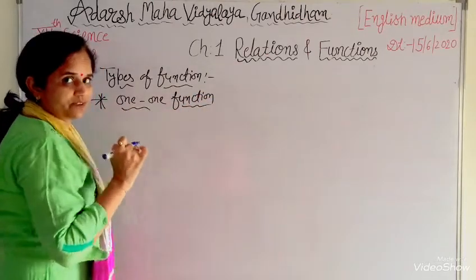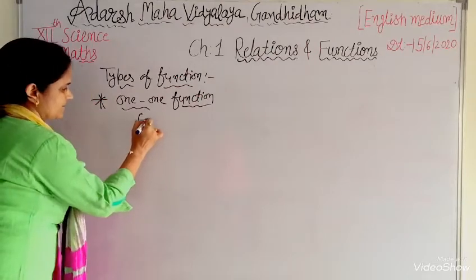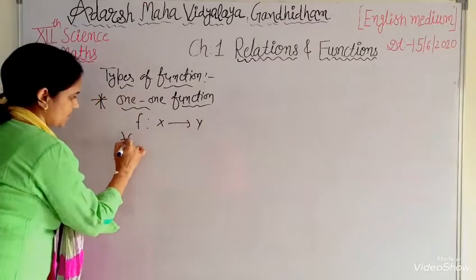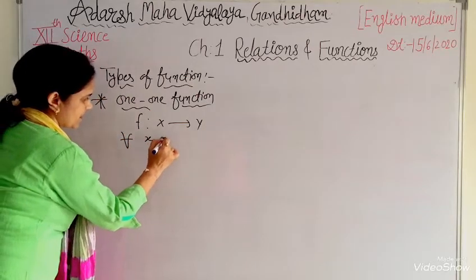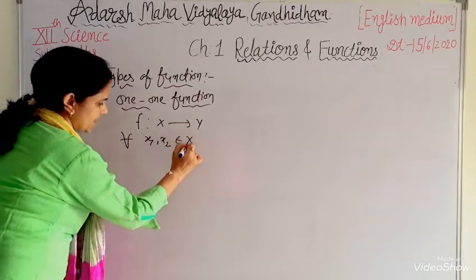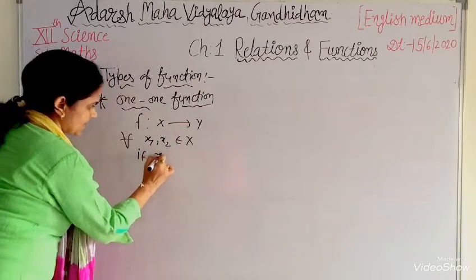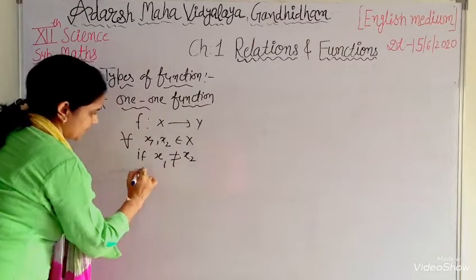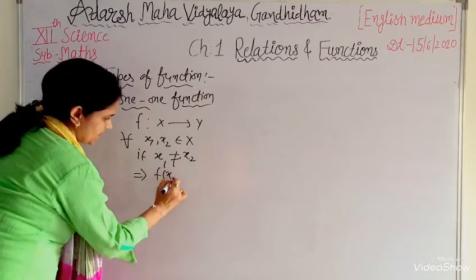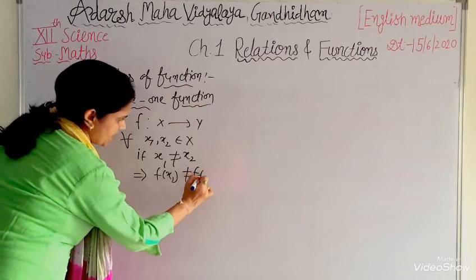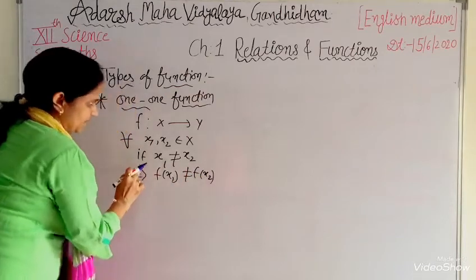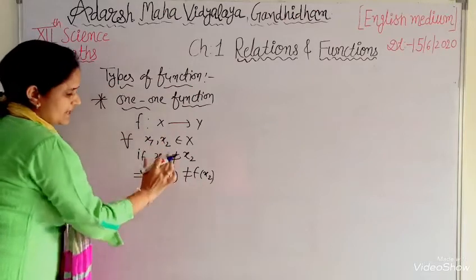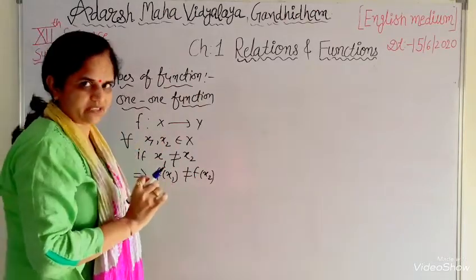For the one-one function, student, f is a function from X to Y. For all x1, x2 belongs to X, if x1 is not equal to x2, then f(x1) is not equal to f(x2). It means the distinct elements of set X have different images.